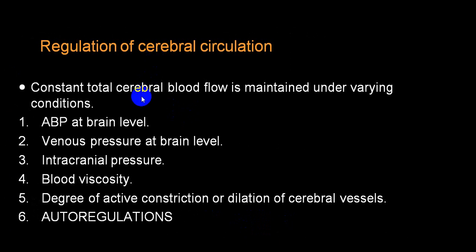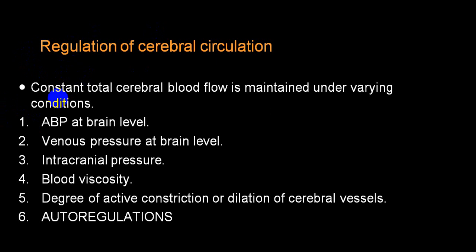Regulation is mainly done by the following factors: arterial blood pressure, or what we call mean arterial blood pressure, venous pressure, and intracranial pressure. If mean arterial pressure increases, CSF formation will increase. If venous pressure increases in the superior sagittal sinus, reabsorption of cerebrospinal fluid will be reduced, and that will increase the accumulation of CSF, which will increase the intracranial pressure.